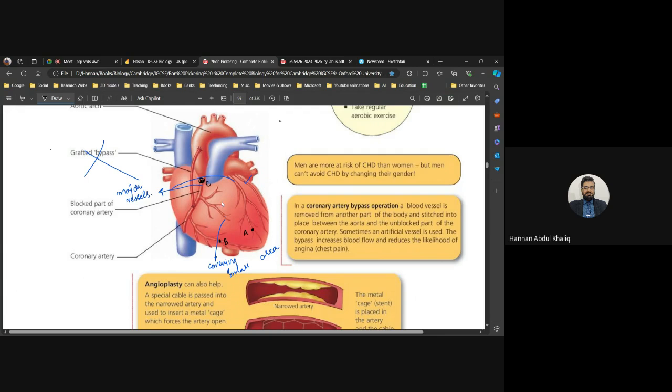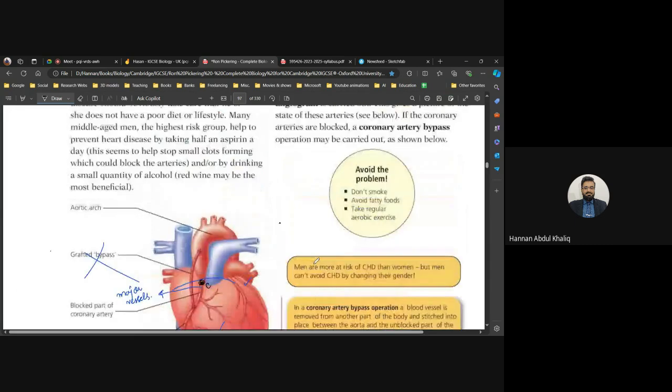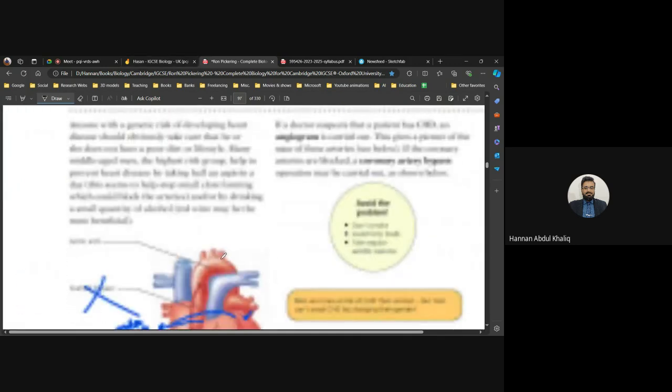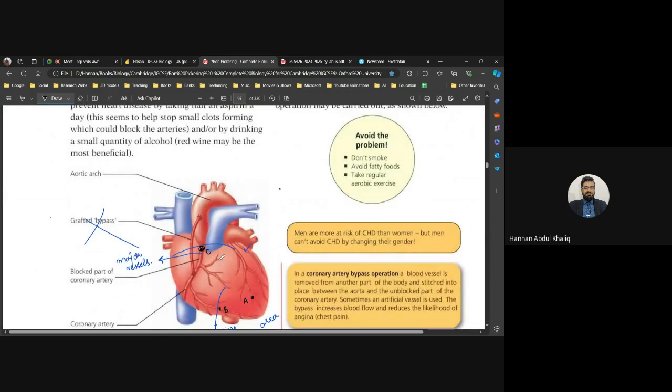And the heart cells suddenly shift to anaerobic respiration. That would also be dangerous. Many people don't directly get the heart attack, but they suddenly start vomiting without any apparent reason. Why?